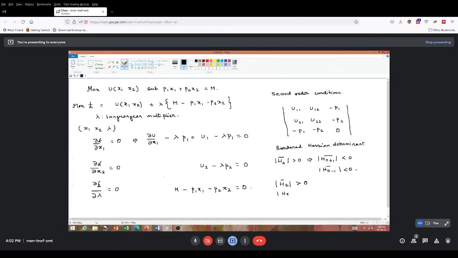So that means the third order bordered Hessian will be negative. H4 will again be positive. Okay, is it clear?